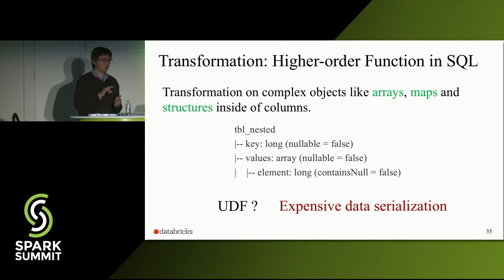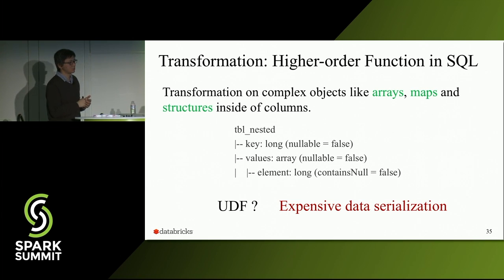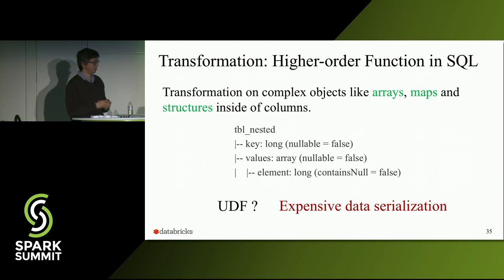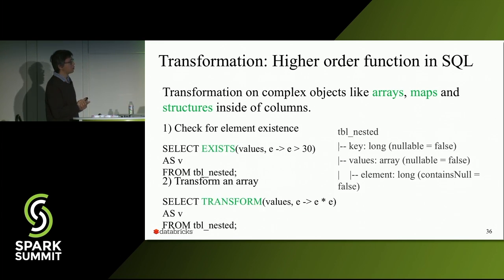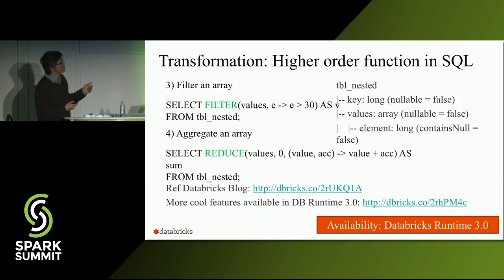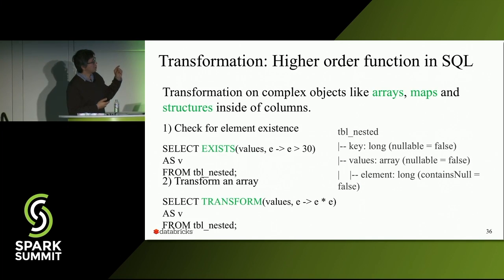Maybe you also listened to the previous talk about the performance issues with data serialization. It's very expensive, and here we provide solutions like the SQL interface: exist, transform, filter, and reduce. These operations work directly on the complex object.